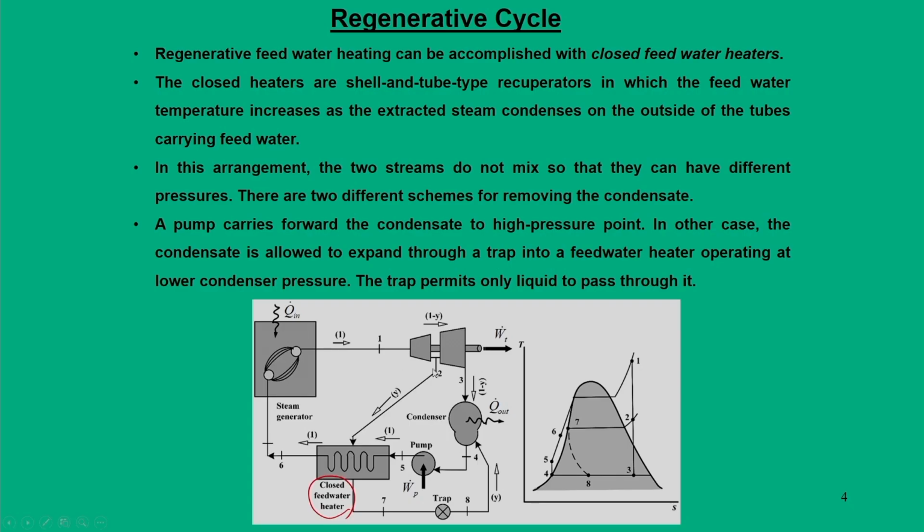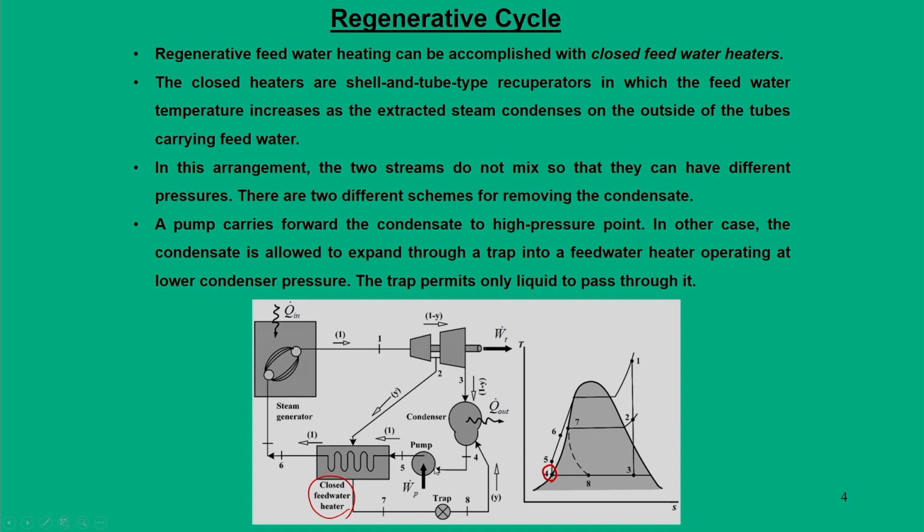What this means is that at the exit of the condenser, the thermodynamic state is saturated liquid, that is state 4, and this liquid has to be pumped to the generator pressure.